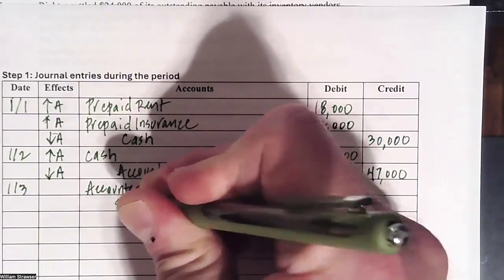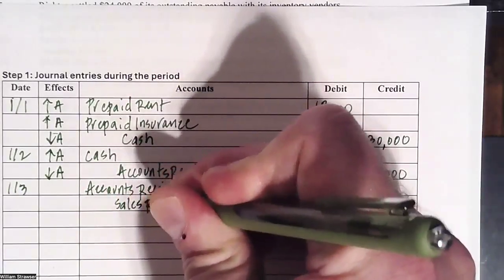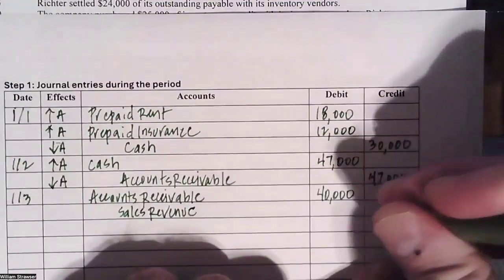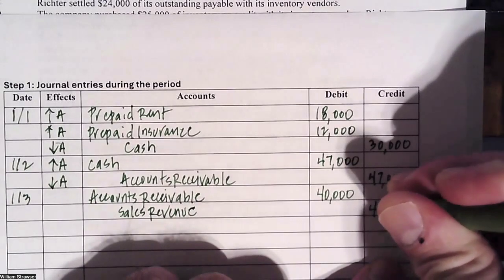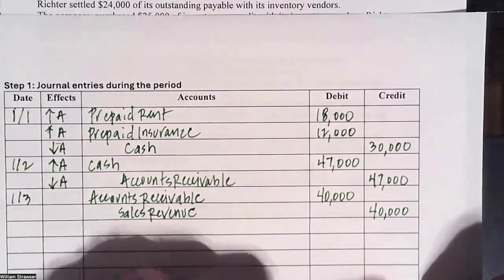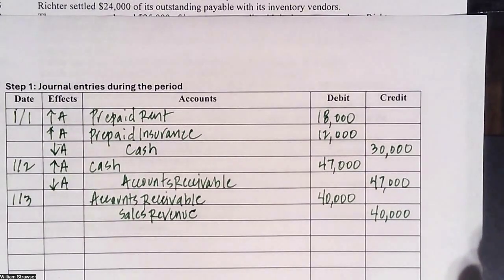Remember, there are just two criteria to recording revenue that we're really worried about in intermediate one. One is that we have performed our obligations. So we've provided a product, we've provided a service. And then the second is that we have a reasonable expectation to collect an asset based on that delivery of product or services, our earning of that.